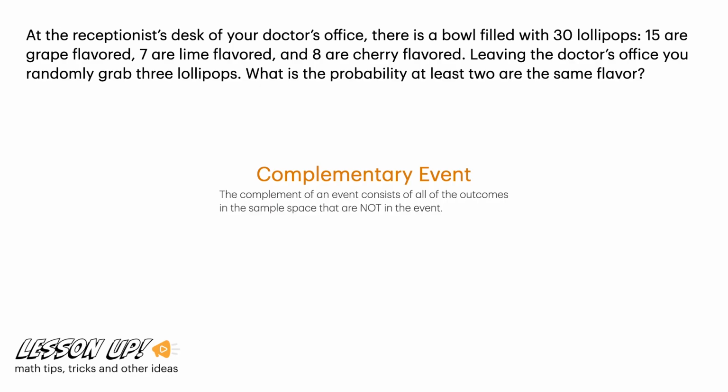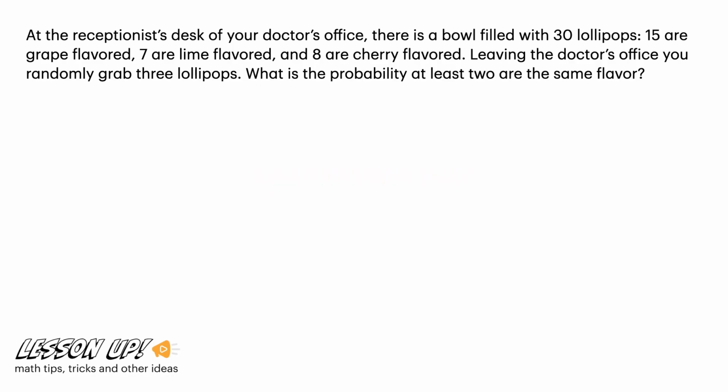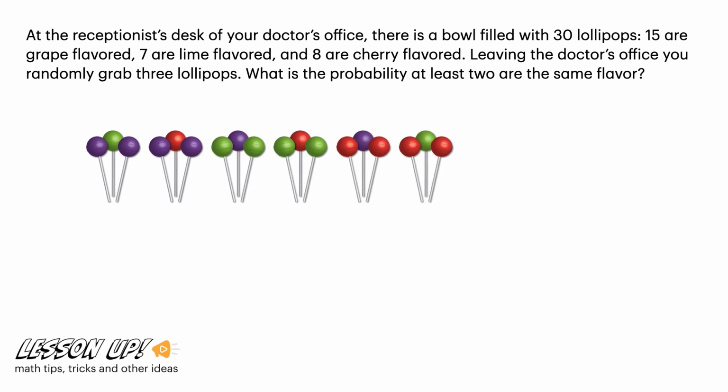As the problem is presented, a red flag appears that offers a big clue how to take action. The phrase "at least" translates to as many or more. When instructing students, what this means for this problem is grabbing 3 lollipops in which 2 or 3 are the same flavor, and they certainly get this concept.